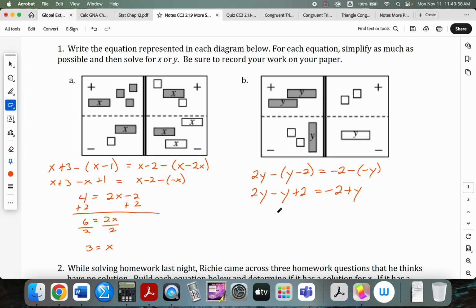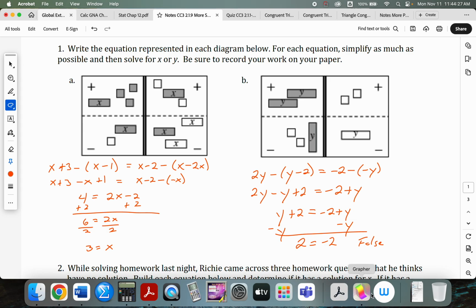This gives you 1y plus 2 is equal to negative 2 plus y. If I subtract a y tile from both sides, or remove a y tile from both sides, I get 2 equals negative 2. Is that true? Is 2 equal to negative 2? No. That's a false statement.